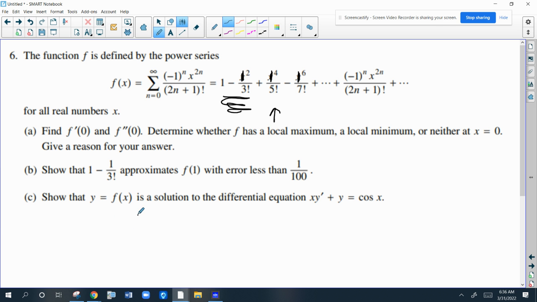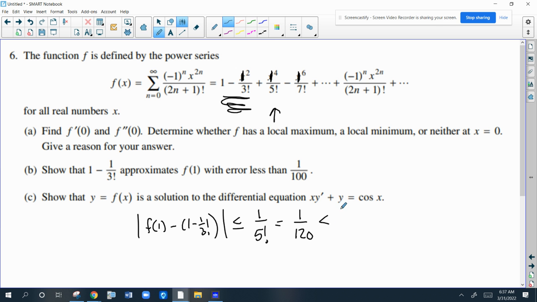So to put it in their terms, we can say that the actual value f of 1 minus our approximation is less than or equal to this first omitted term. 1 over 5 factorial is 2 times 3 times 4, 24, times 5, which is 120.